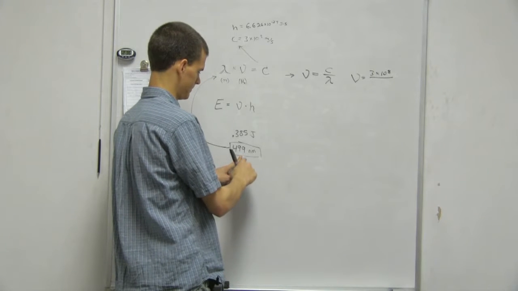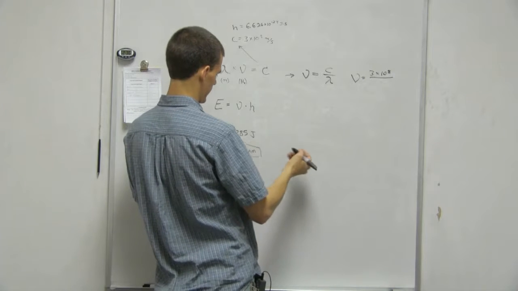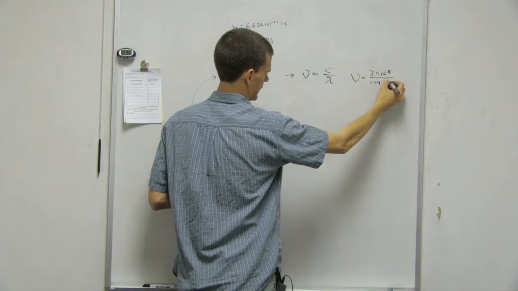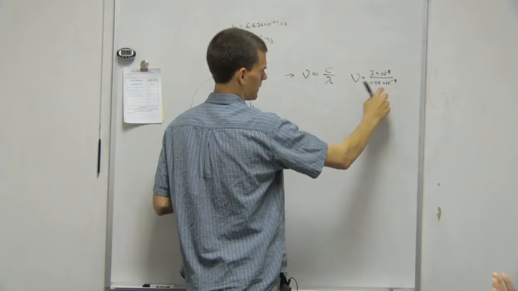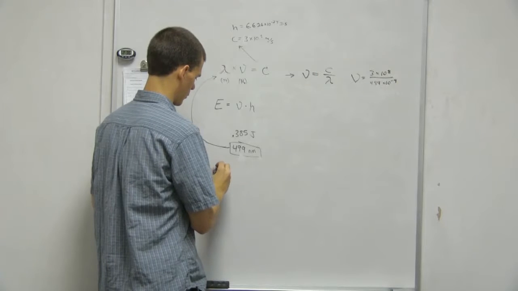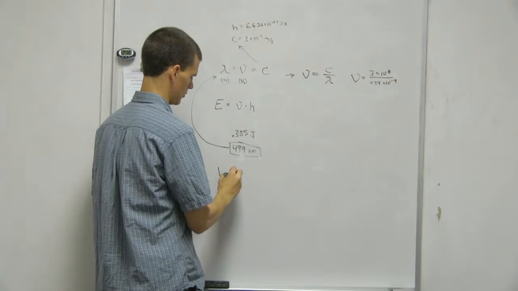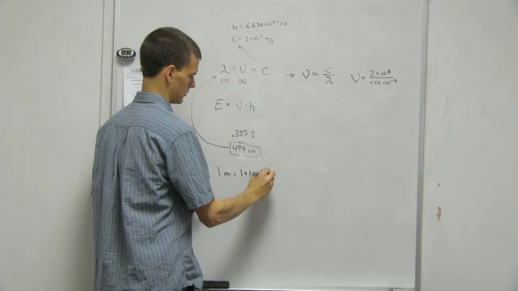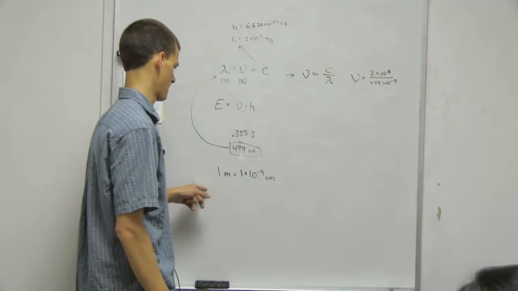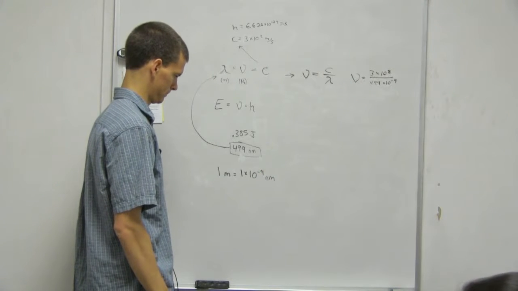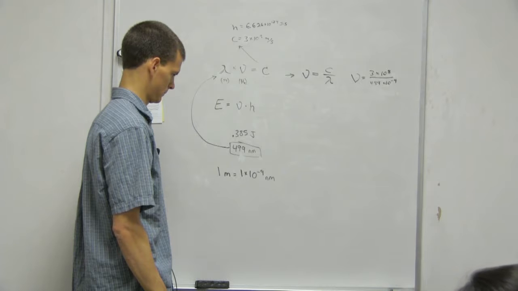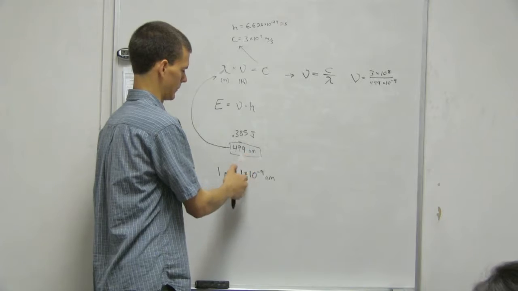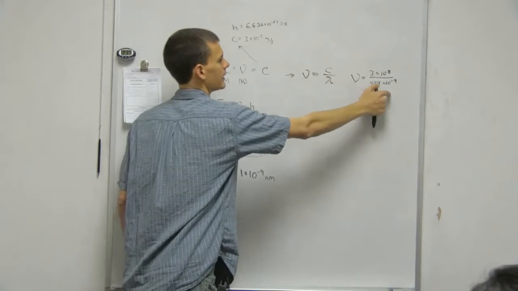An easy way I find to do it is just go 499 times 10 to the negative 9th. Why negative 9th? Because 1 nanometer equals 1 times 10 to the negative 9th meters. So we multiply 499 by 1 times 10 to the negative 9th, and we get 499 times 10 to the negative 9th.